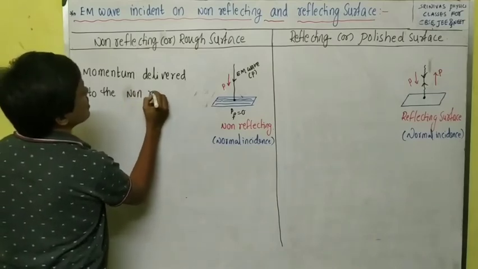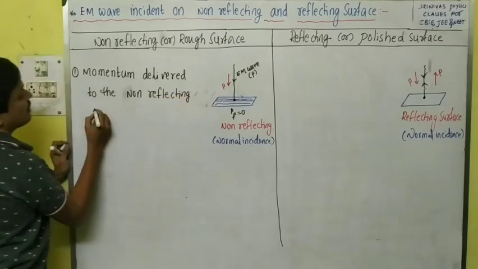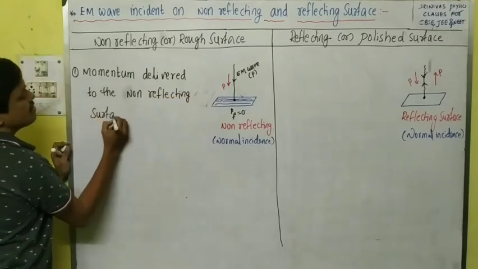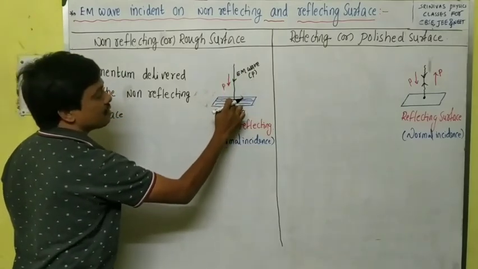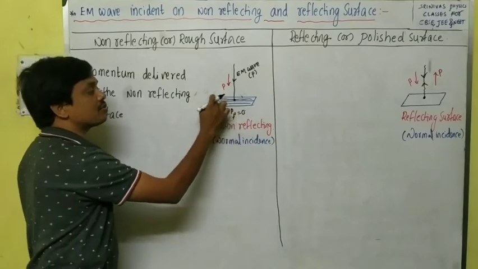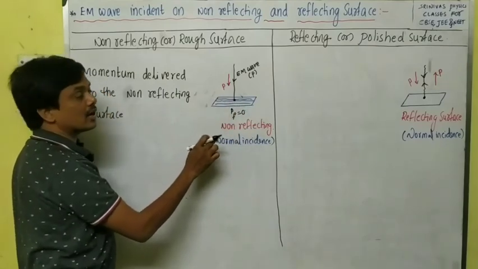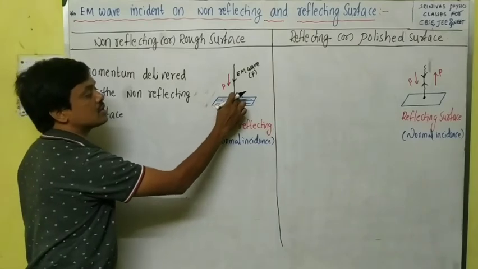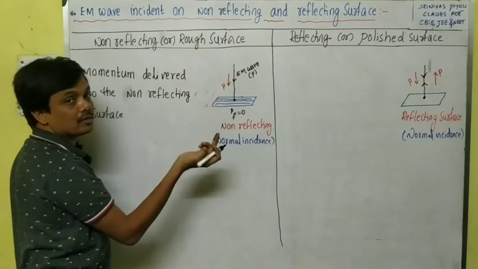What is happening here? The EM wave with momentum P is incident on the surface. After that, this surface completely absorbs that electromagnetic wave. The electromagnetic wave is not reflecting back, that's why the final momentum becomes zero.